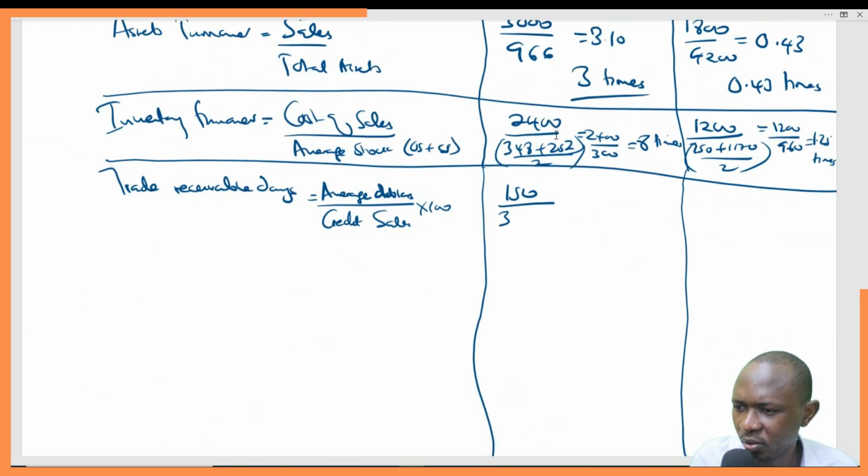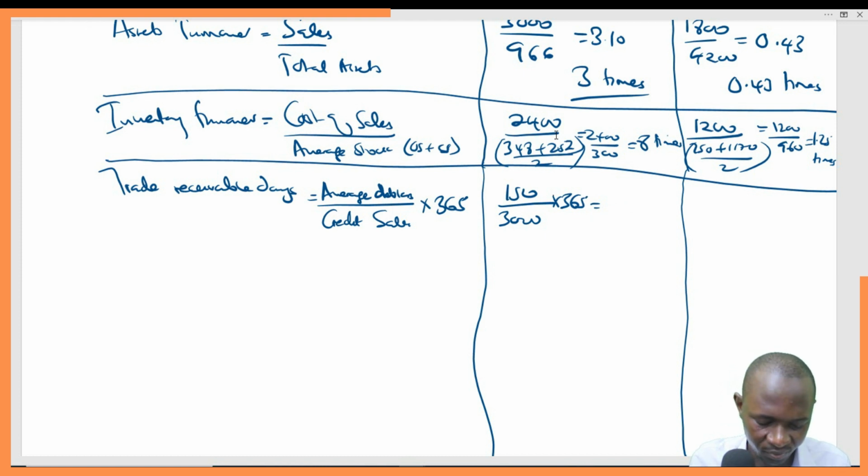So 150 divided by 3,000. It's not times 100, because 100 is for percentages. When we talk about trade receivable days, it's times 365, since we need to get the number of days.